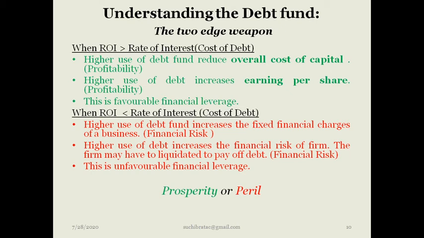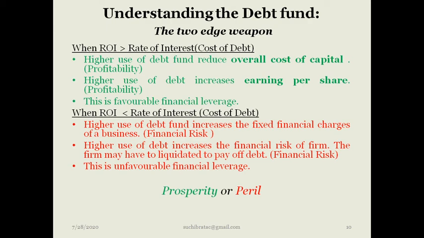Then the second situation is unfavorable, where use of debt fund may invite some risk for the business organization, which is called unfavorable financial leverage. The condition is when return on investment is lower than the cost of debt, that is the rate of interest.